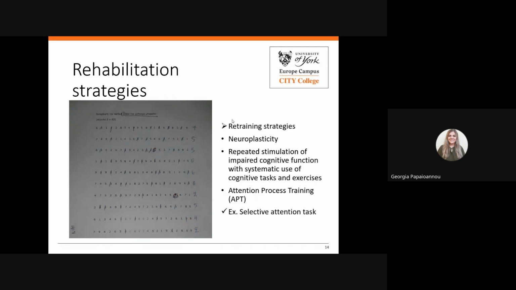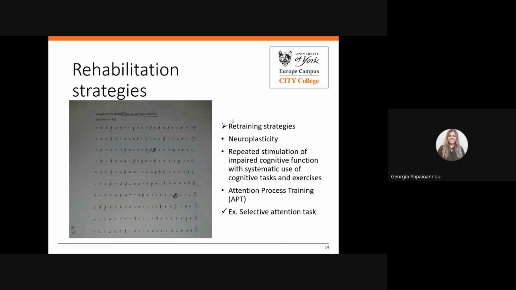We have retraining strategies which aim at the neuroplasticity of the brain. So we give repeated stimulation in the impaired cognitive function with systematic use of cognitive tasks and exercises. One example that we have here is from the attention process training, and we have a selective attention task.